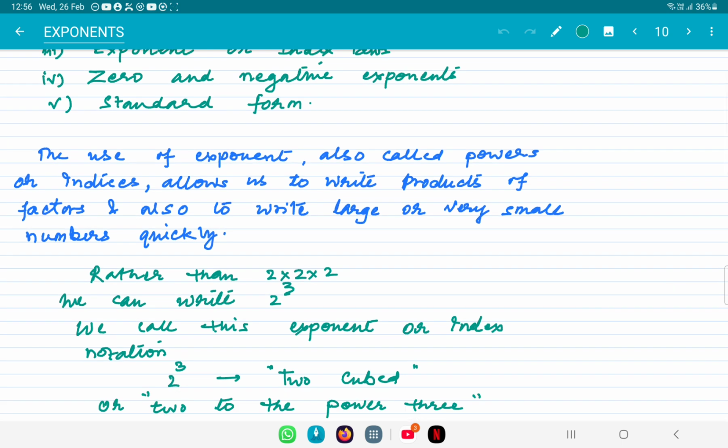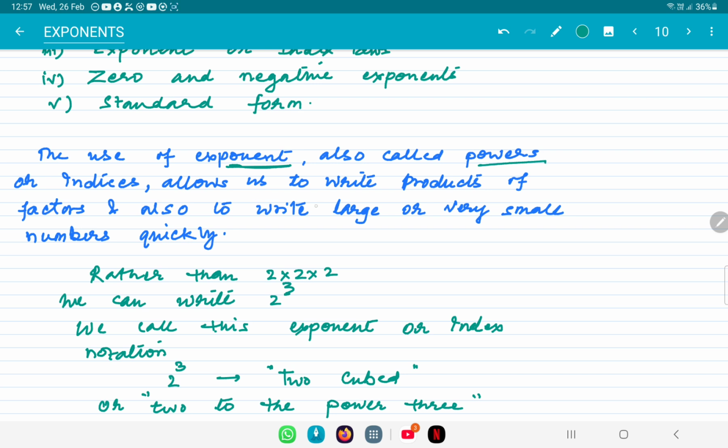Word by word we will see what this definition says. The use of exponents means using different laws of exponents. It is also known as power or indices. So exponent or power or indices, everything is the same.